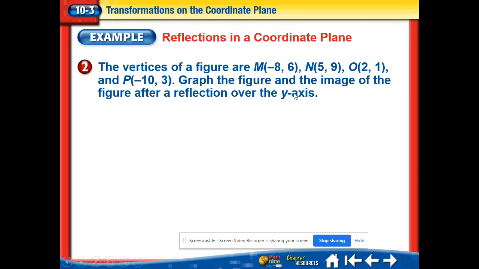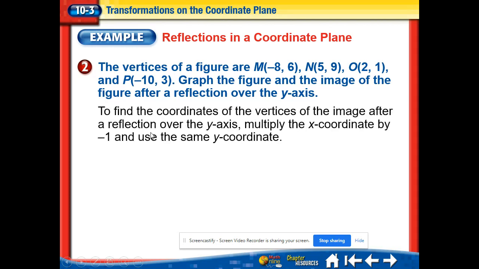So if we're reflecting over the y-axis, remember, this is backwards. So we are actually going to change all the x values. We're going to change them plus or minus, multiplying by -1. So our M, which is our first one, that -8 gets multiplied by -1 and becomes +8. Notice the 6 does not change at all.